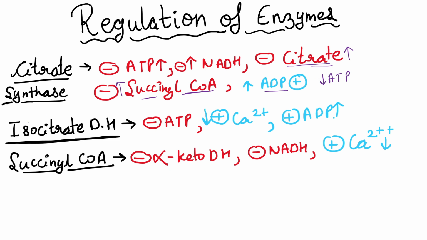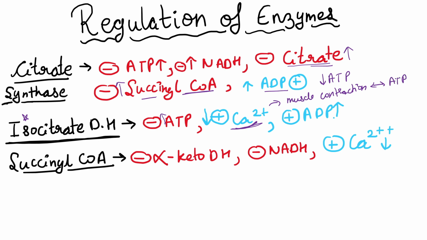Now the regulation of isocitrate dehydrogenase: again, a higher level of ATP would have a negative impact. Now Ca2 positive, that is calcium, would have a positive impact. Calcium, as we know, is required for muscle contraction, and muscle contraction is directly related to ATP.